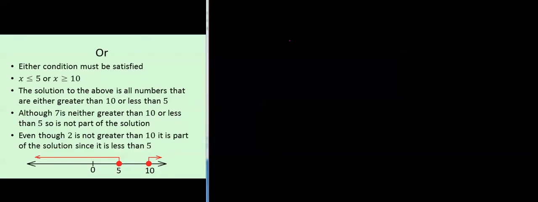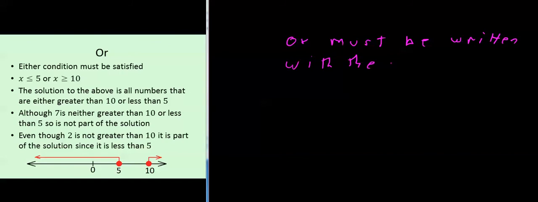Or must be written with the word or, whereas and can be written without the word. Okay? So, I hope this helps you. It's really not a whole lot different than what we were doing in the previous video.